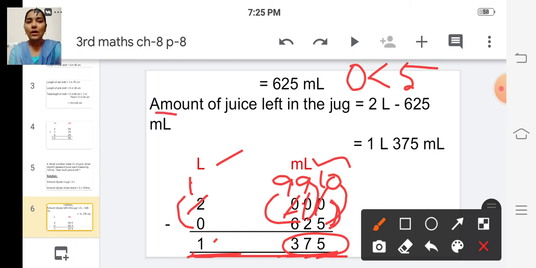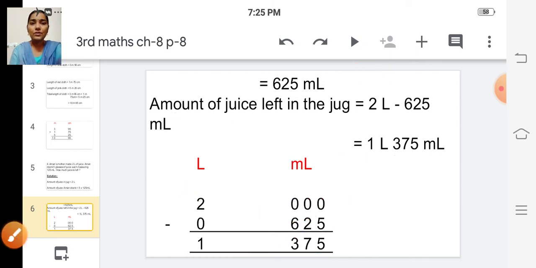So the amount of juice left in the jug is equal to 1 liter and 375 milliliter. You all know addition and subtraction very well, right? So be careful while subtracting, while borrowing.